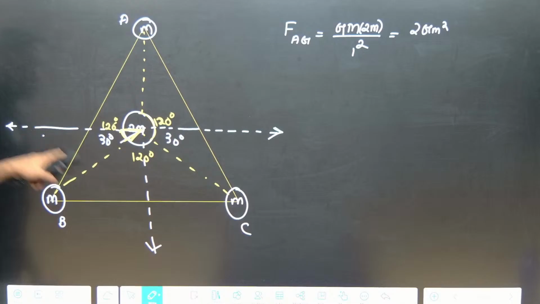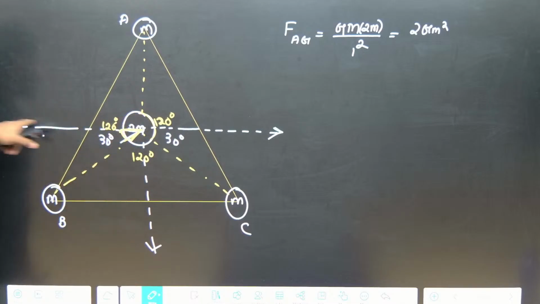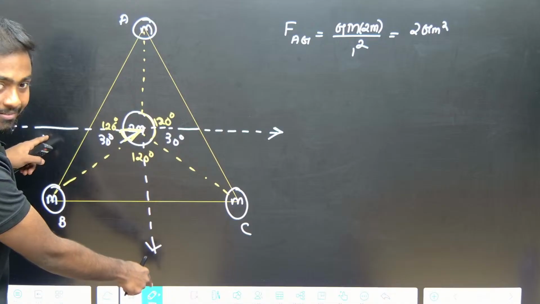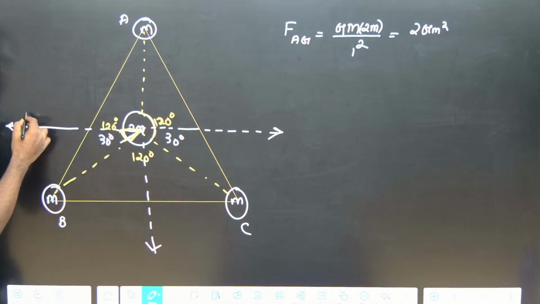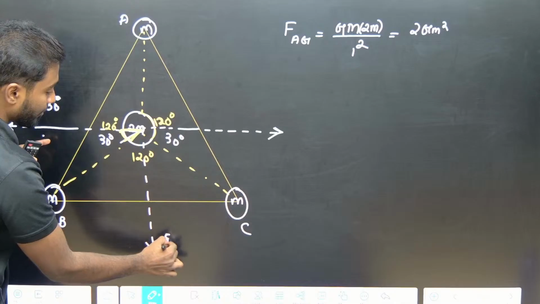Now components should be taken here. Component in the sense, this is my cos and this is my sine. So this is cos 30 degree and this is sine 30 degree.